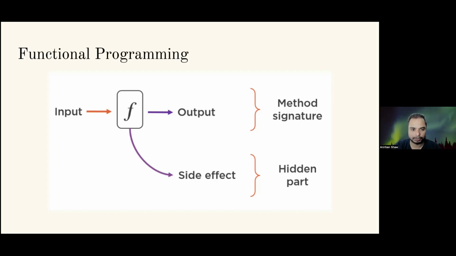Now, a function is very simply a box. You can imagine it like a box, and you give it some inputs from one side, one or multiple inputs, and it will give an output based on some or all of the inputs.